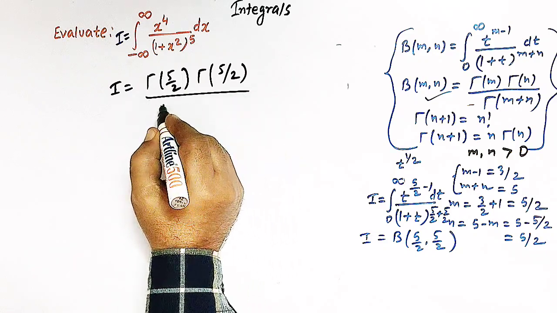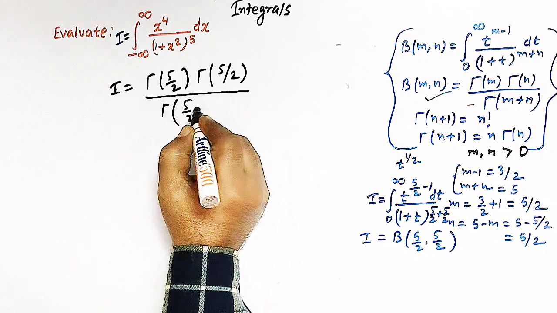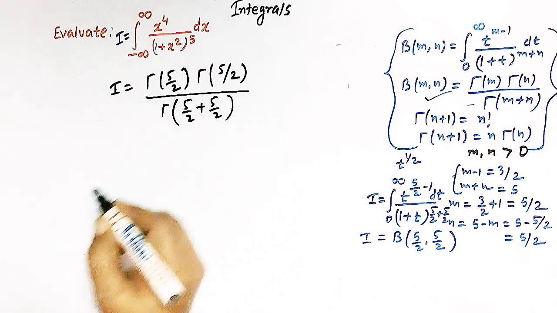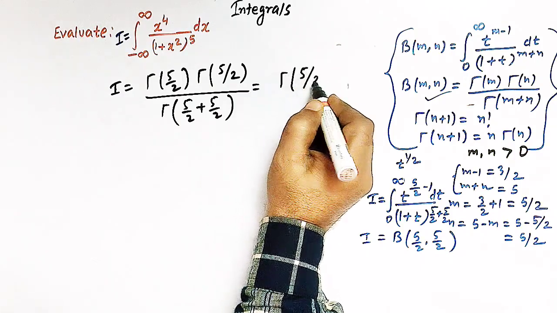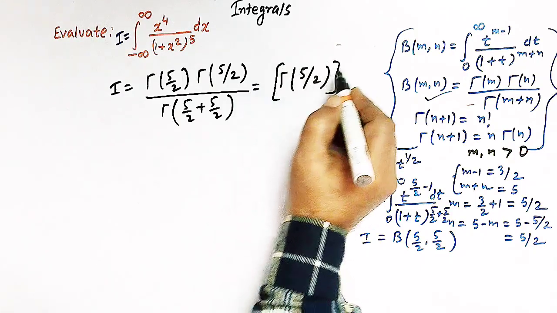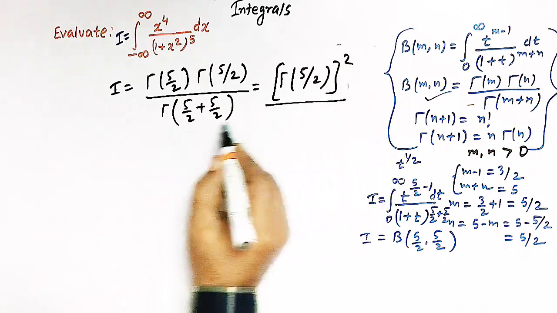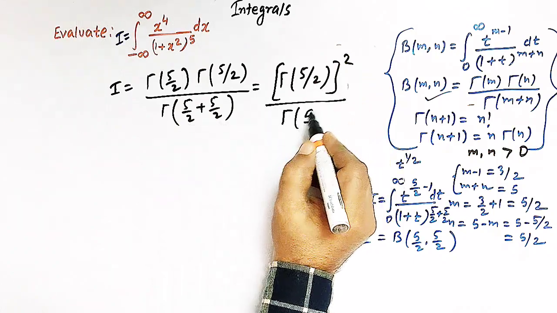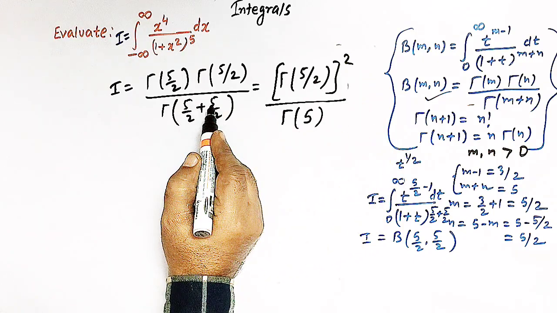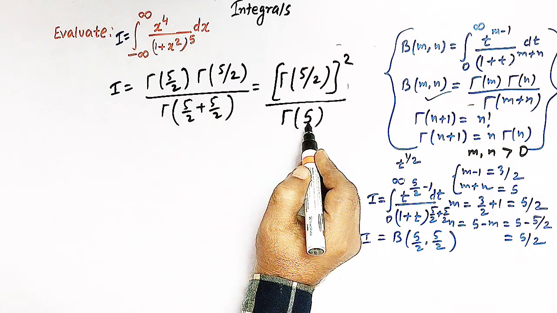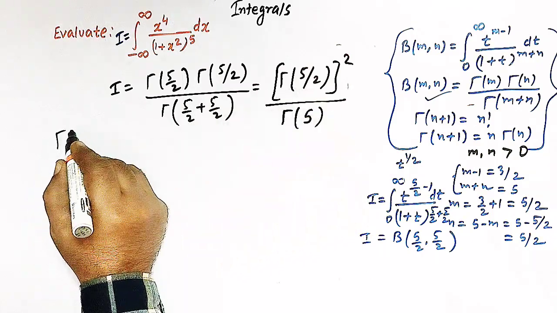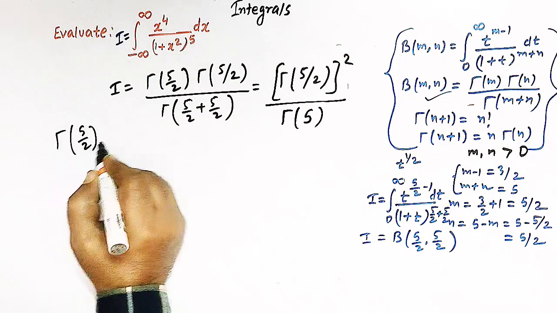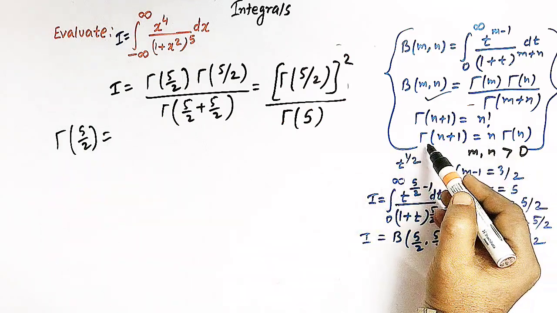We have gamma 5 by 2 plus 5 by 2. So here we have gamma 5 by 2 square, and then here we have gamma of 5, because 5 plus 5 is 10, 10 over 2 is 5, right? So now let us find out the value of gamma of 5 by 2 using this relation.